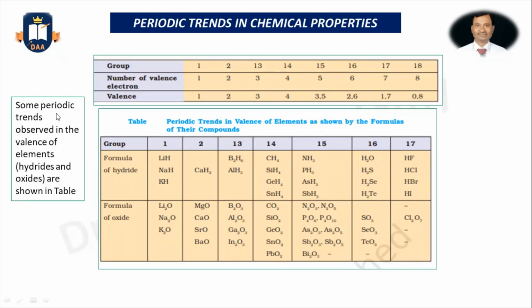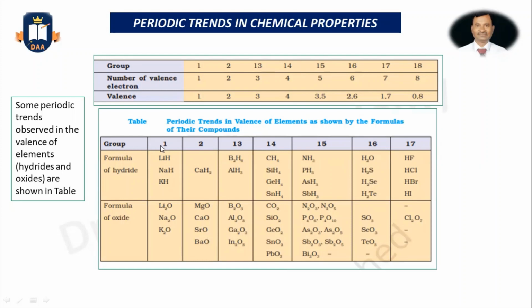So in this table, you can see some periodic trends in respect of the valence of elements. That means if you consider group number 1, all hydrides and oxides, group number 2, hydrides and oxides, and for other groups also, we are talking about the representative elements.